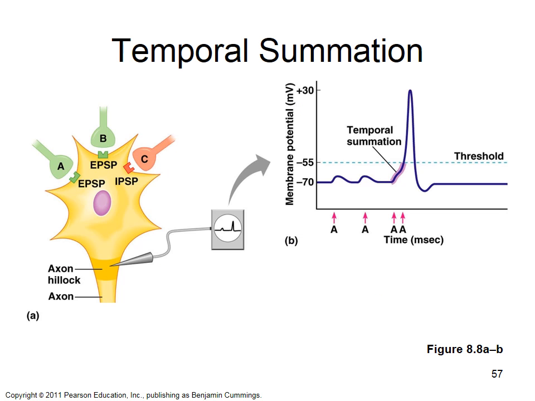If we look at this figure, here we have a postsynaptic neuron that has synapses with three presynaptic cells: presynaptic cell A, presynaptic cell B, and presynaptic cell C. A and B are color-coded green because they are excitatory. C is color-coded red because it's an inhibitory synapse.